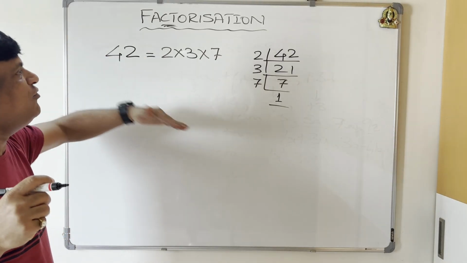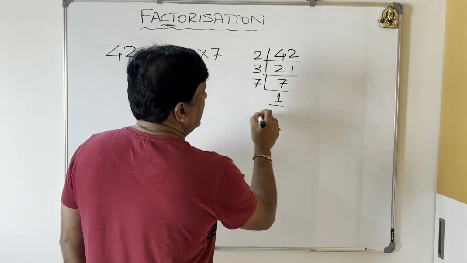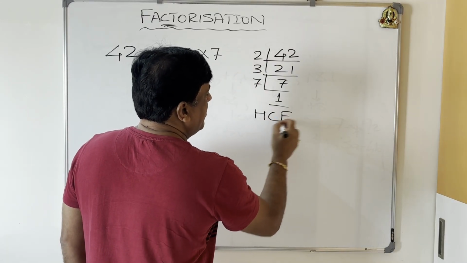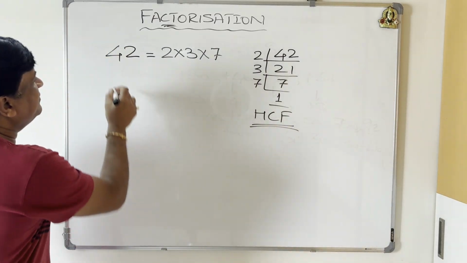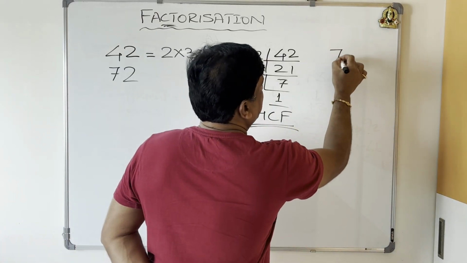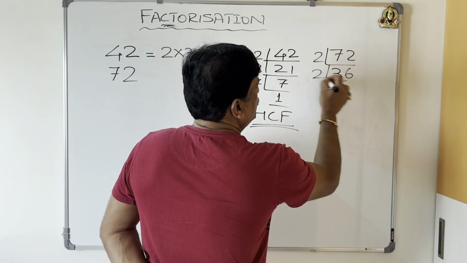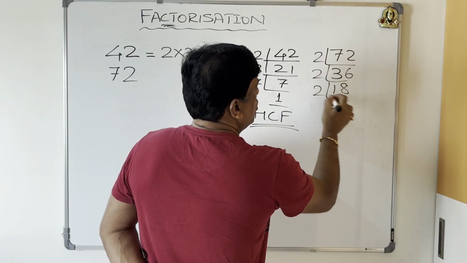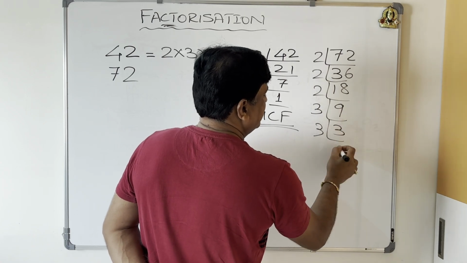Now, before we get into algebraic expressions, you may have learned one more thing about HCF, the highest common factor. If there are two numbers given, for example, let's take 72 and find its factors.